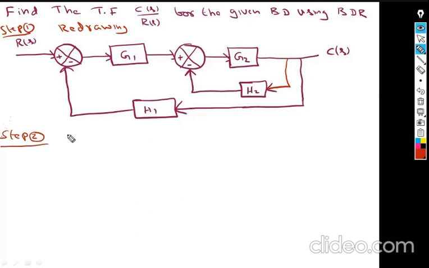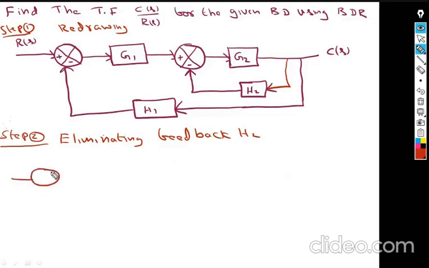So I am writing the expression, reducing, eliminating feedback H2.